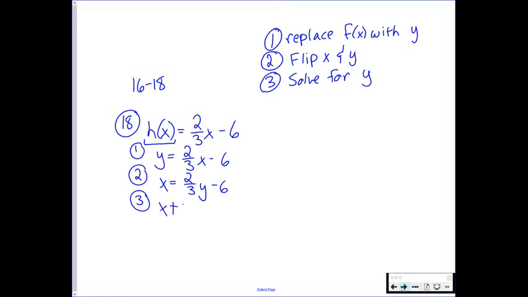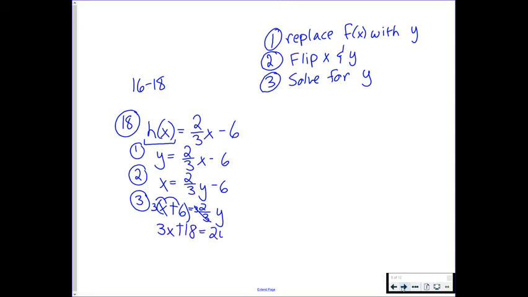To solve, I'm going to add 6 to both sides. Now, because this is a fraction, I'm going to work it one piece at a time. To get rid of this 3 in the denominator, I can do that by just multiplying both sides by 3. So I'm going to multiply this side by 3 and the left side by 3 and distribute that, which is 3x plus 18.